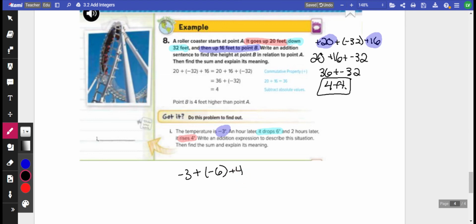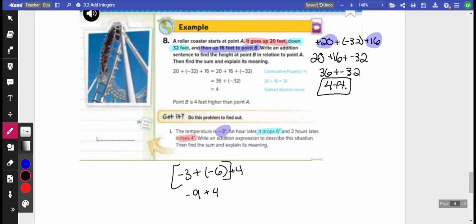So now we're going to simplify this. I'm going to start by solving negative 3 plus negative 6. Now I'm using a bracket instead of a parenthesis just to indicate that, because negative 6 is already in parentheses. So this becomes negative 9 plus 4.